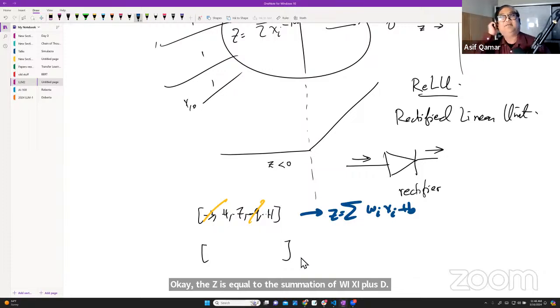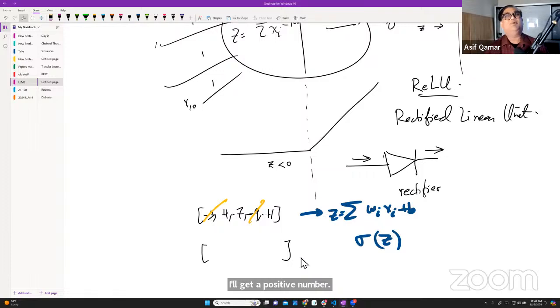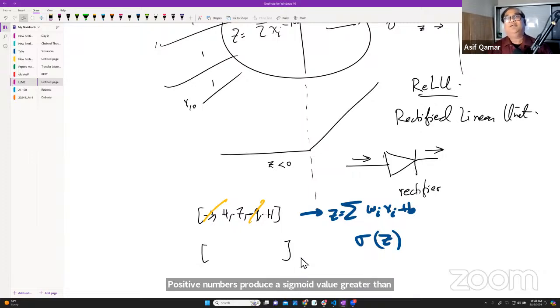I'll get a positive number, right? And if I pass it through a sigmoid, my probability will be greater than half, because the sum of the positive numbers is positive. Positive numbers produce a sigmoid value greater than half. So it is a perfectly good rectified linear unit.